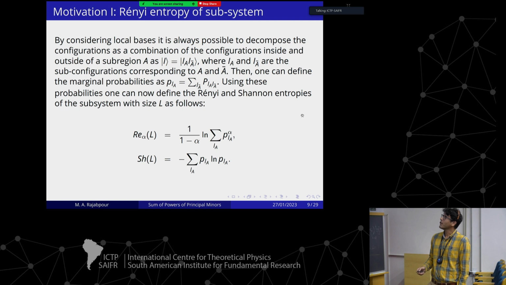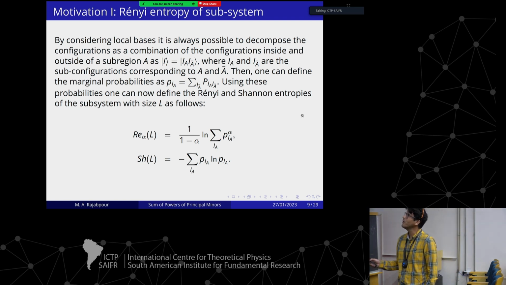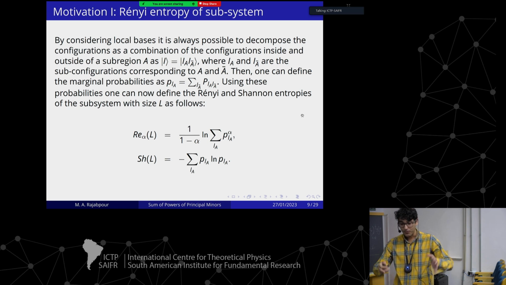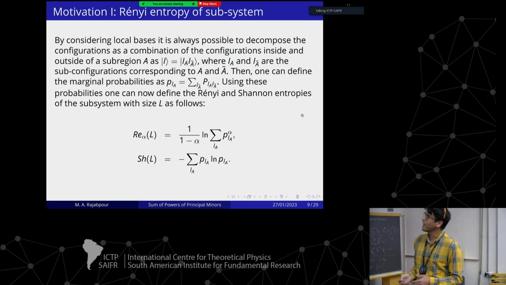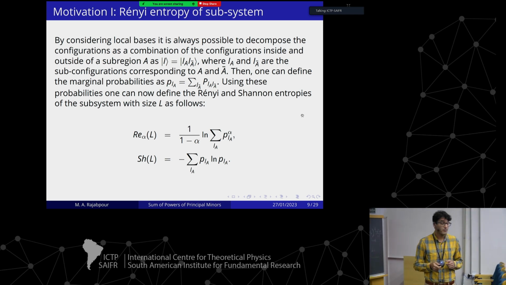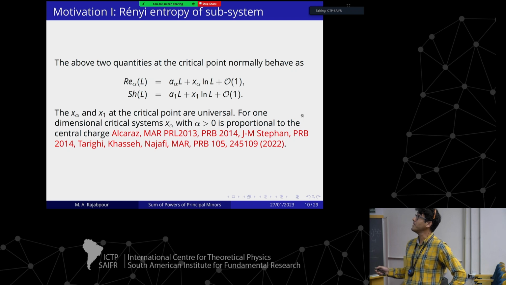You can actually do the same thing instead of the full system. You can also divide the system into two parts, A and A bar, and then calculate the marginal probabilities for part A, and put them again in the equation of the Rényi and Shannon entropy. Something interesting happens.